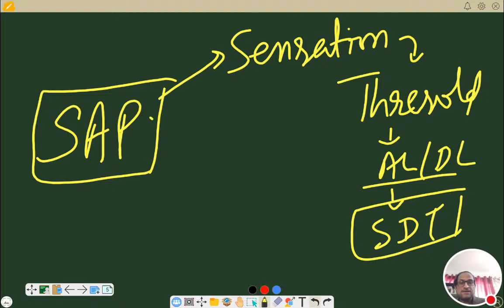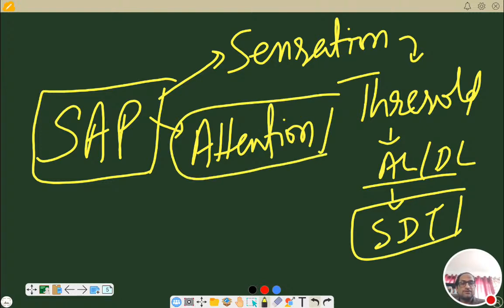Then comes your attention theories, of course: bottleneck models, filter theory, attenuation model, all these we will do. The theories of attention will suffice for everything. Then comes your perception.